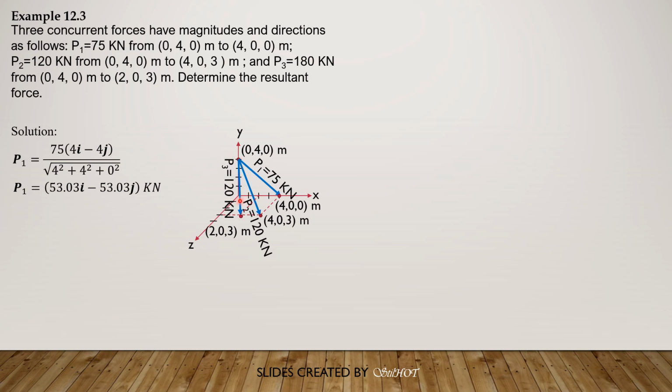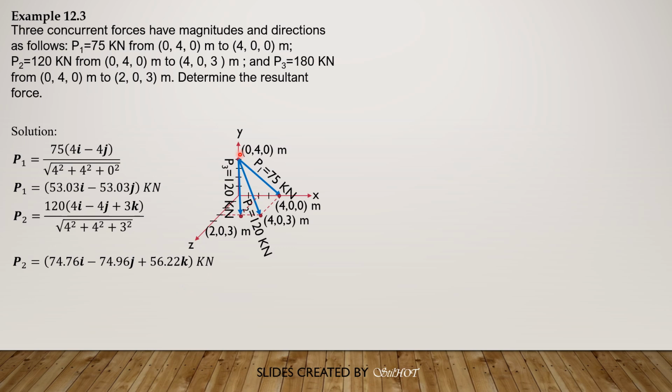P2 in vector form is 120 times the quantity 4i, negative 4j, positive 3k, divided by the square root of 4 squared plus 4 squared plus 3 squared. In decimal, P2 is 74.76i minus 74.76j plus 56.22k.